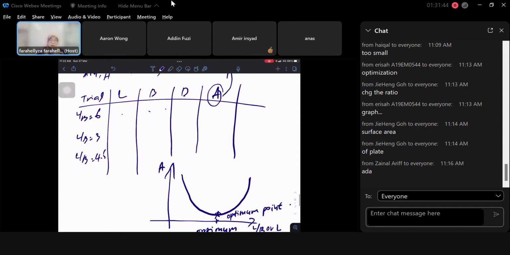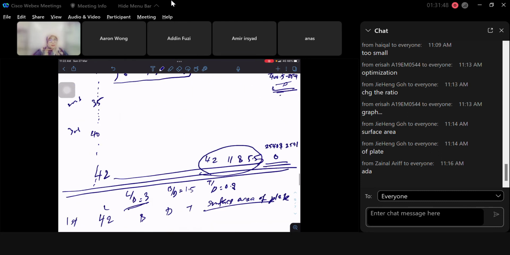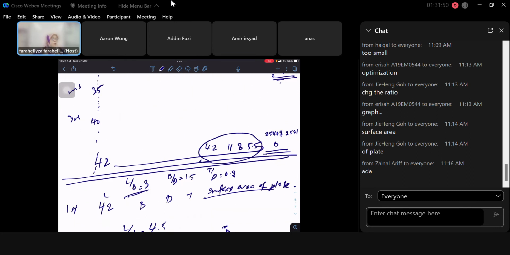Okay, and for this L upon B, you need to make sure the error reaches zero, at least almost zero.